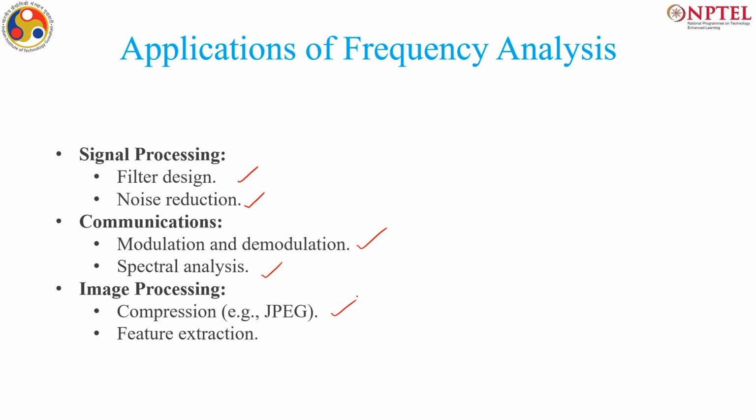You have used the file extension .jpg or .jpeg, which uses this JPEG compression. And in feature extraction, Fourier analysis is also useful to know whether the features are high frequency features or low frequency smooth features.